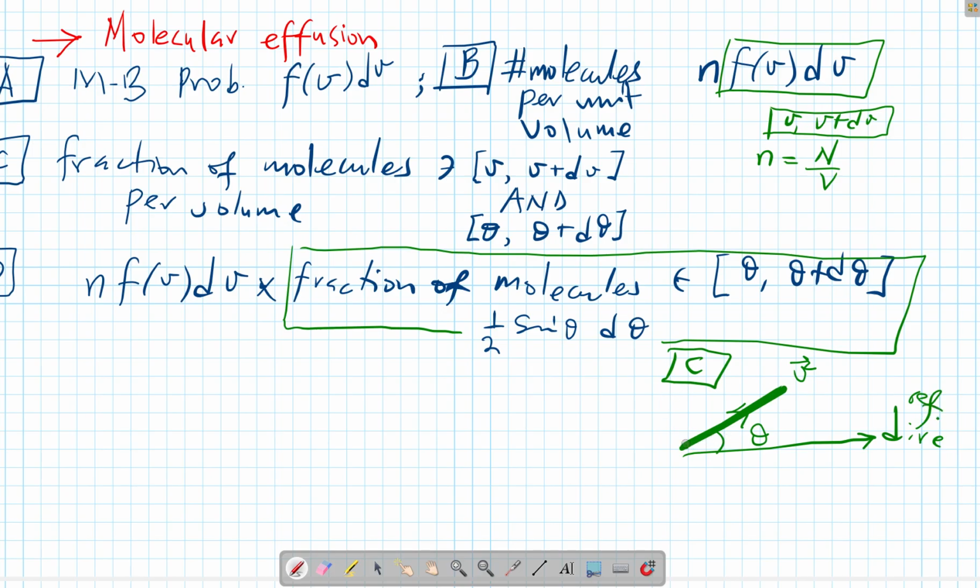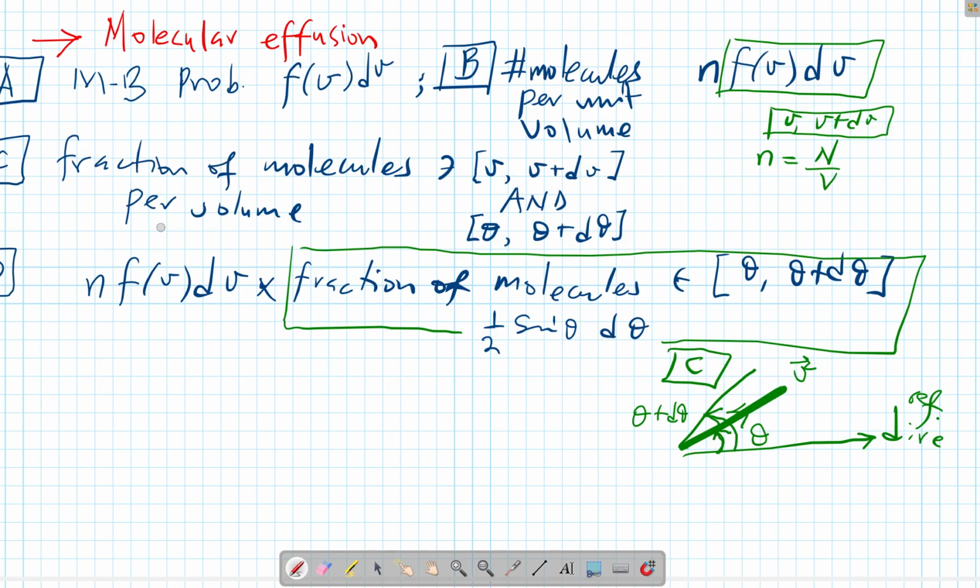So we want molecules moving from here to here, which is theta, up to from here to here, which is theta plus d theta. So there is a kind of window of direction. That fraction we have shown to be equal to 1/2 sine theta d theta.